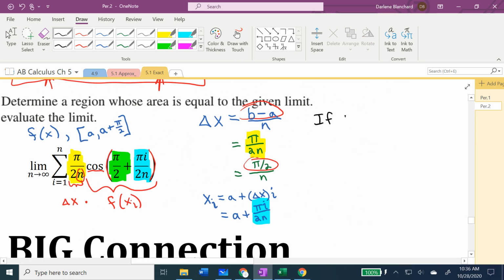So if we make a pi over 2, then that means that my x sub i is pi over 2 plus pi i over 2n. And here's what I want you to do. I want you to find that entire expression. And I'd like to use a different color highlighter, but I'm afraid that might be challenging.